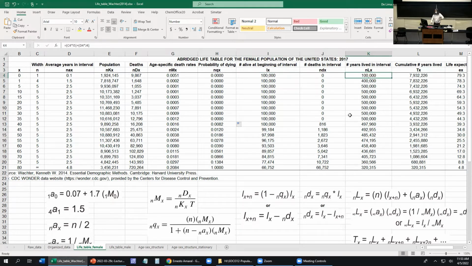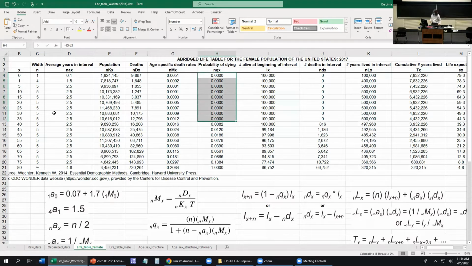Then all these 100,000 people lived together 100,000 years in this age group with width equal to 1. In the next one, where the width equals 4, 400,000. And in the other ones, 500,000, because everybody lived, in this case, ages 5, 6, 7, 8, and 9. But that's not the reality.